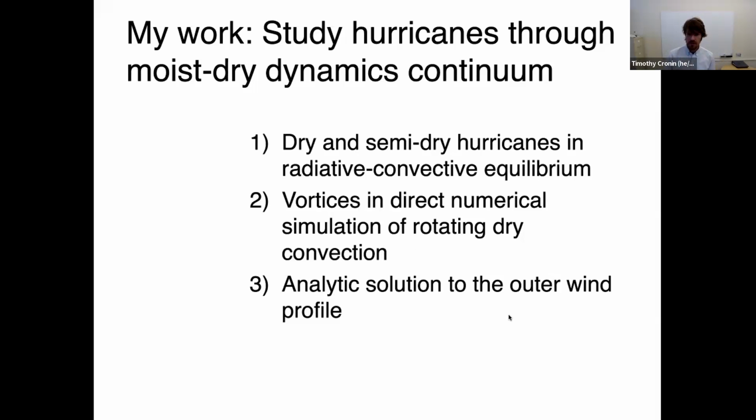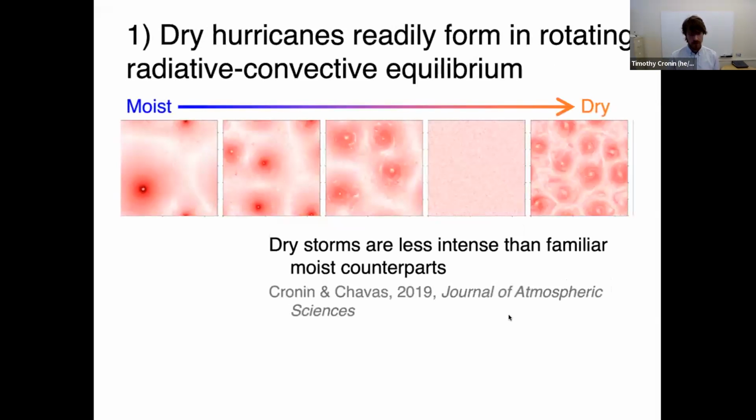And I've got 3 short spoiler results slides that show where each of these projects goes before getting into more detail. So the first and most important punchline, what I hope you remember out of this talk, if you haven't seen the result before, is largely summarized in this figure and the title of this slide. Dry hurricanes, that is hurricanes without any water in them at all, can readily form in simulations of the atmosphere that are in rotating radiative convective equilibrium over a dry surface.